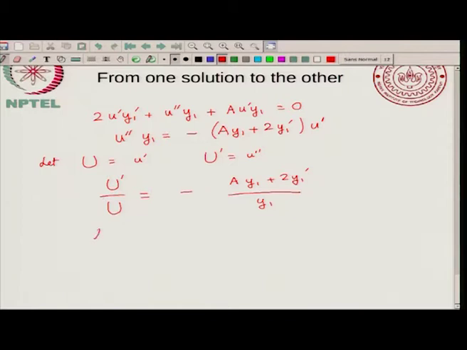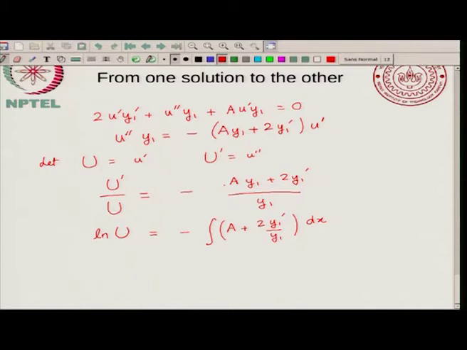Integral of this is natural log of U is equal to minus integral of (a plus 2 y1 prime by y1) dx. A is a function of x, remember. I just integrated both sides with respect to x and wrote these terms explicitly.